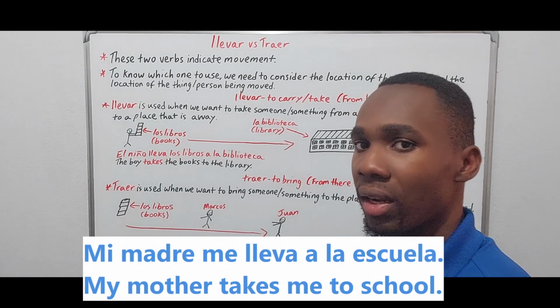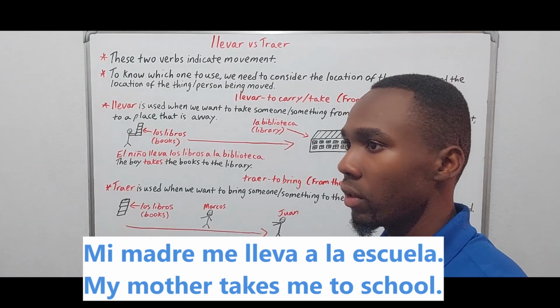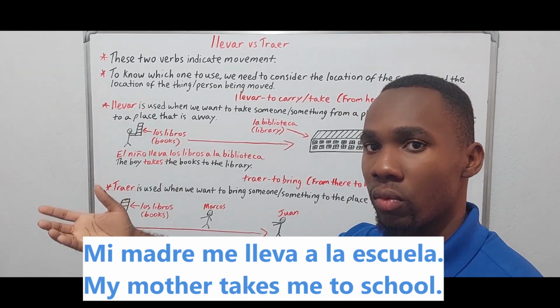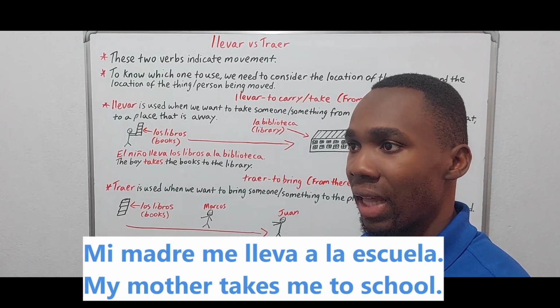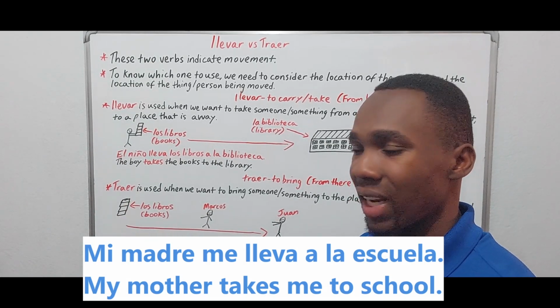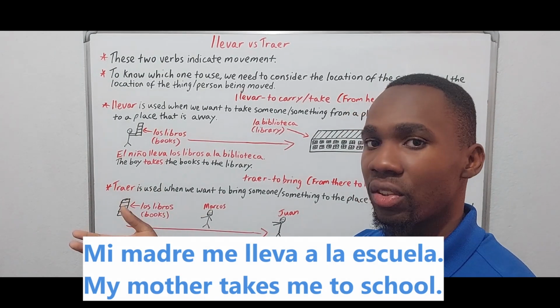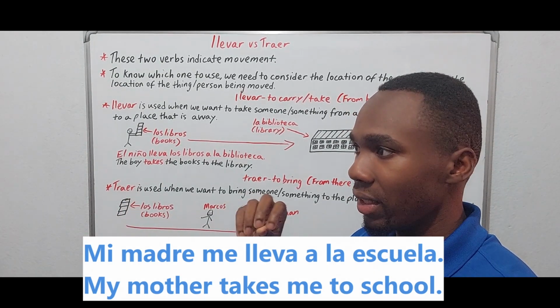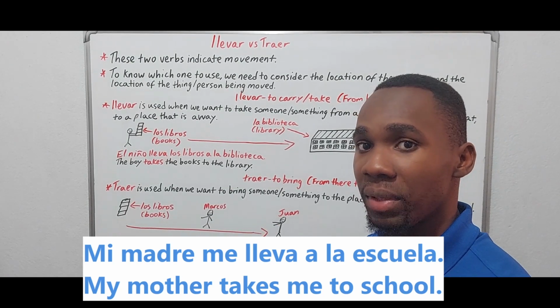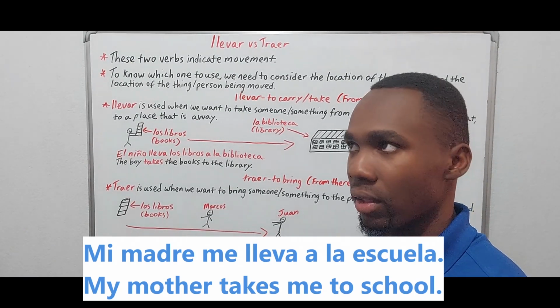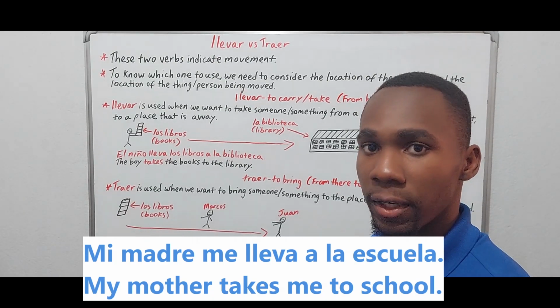Why do I use llevar in that context? Because I am not at school. I am the person or the entity that is being transported, but I am not at that location, right? And the speaker, which would be me, which would be I, right?